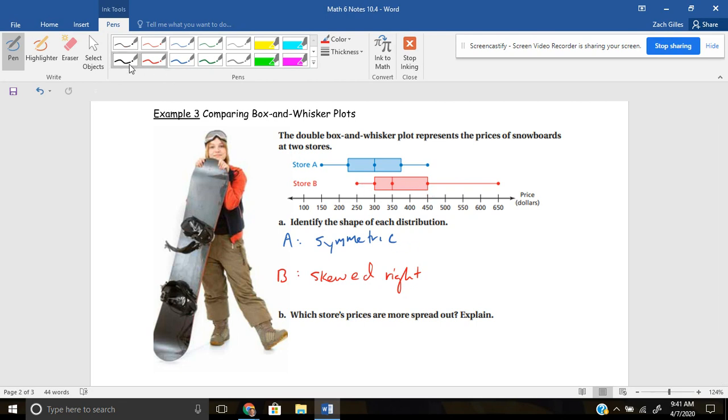For letter B, it says which store's prices are more spread out, and explain. So we can look at a couple of different things here. First, I'll look at the interquartile ranges of my box and whisker plots.